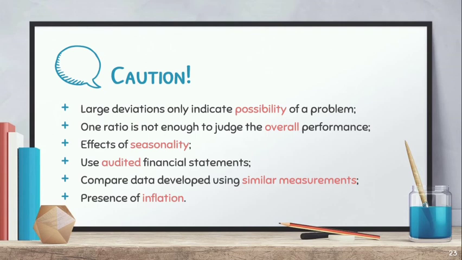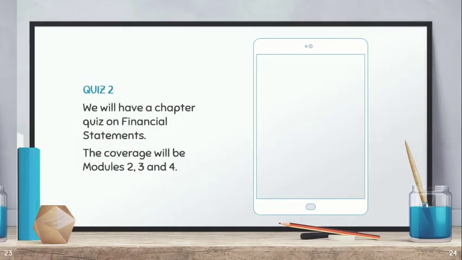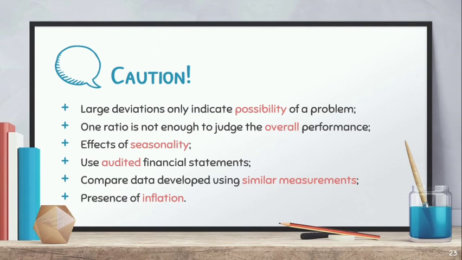Unya, kani si company B is fiscal year ang iyang gigamit, meaning dili siya January to December, kundi August to July ang iyang cycle. So, dili nimo siya ma-compare si company A ug company B kay dili same ang ilang cycle. So, possibly, ang ilang financial ratios is maglahi jud kay naa may effects of seasonality.